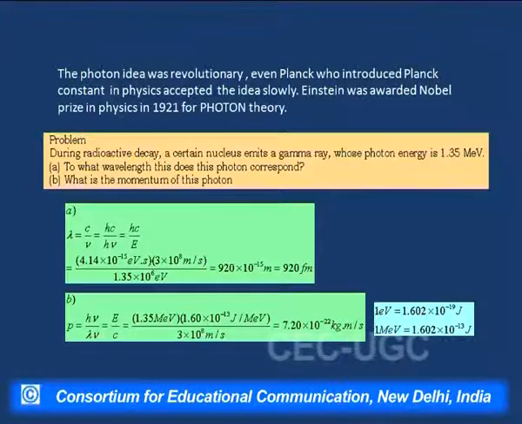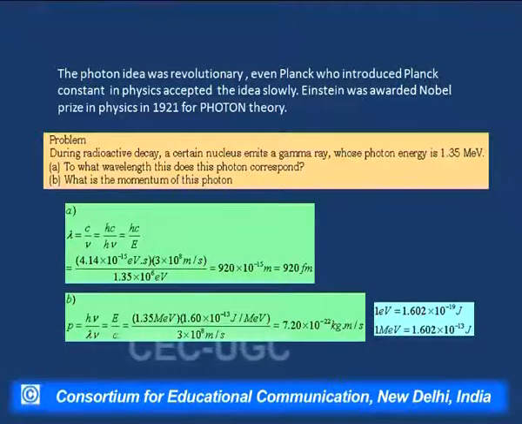Here is the conversion unit. We can generally write energy in electron volt and mega electron volt. In nuclear physics, we write in mega electron volt, and the conversion factor is 1 electron volt is 1.602 times 10 to the power minus 19 joules.